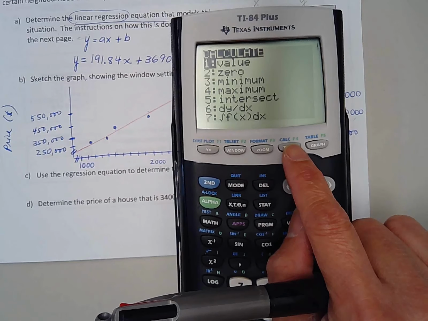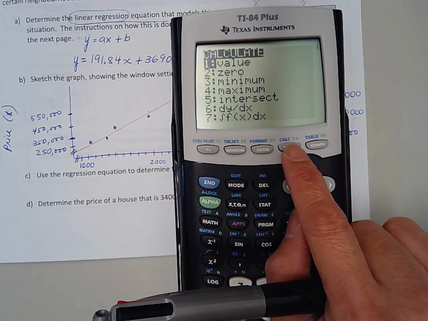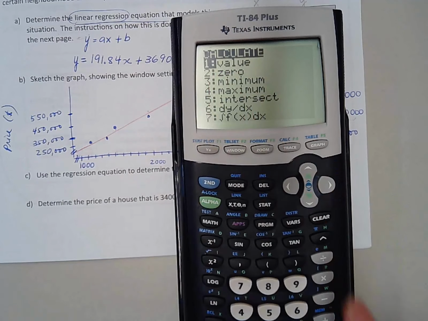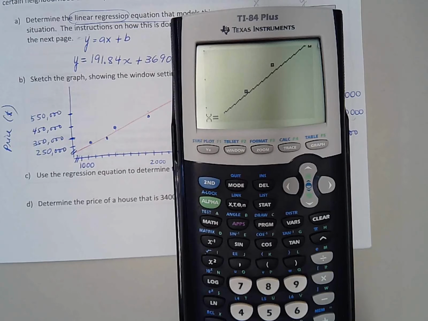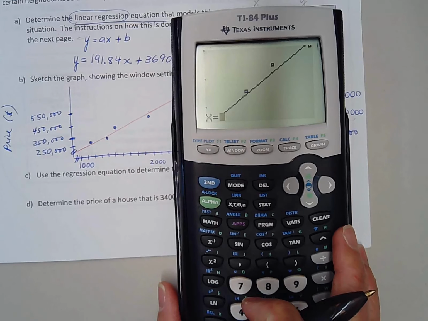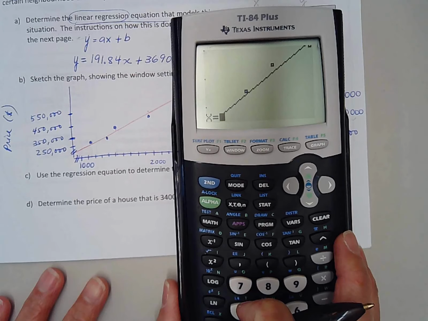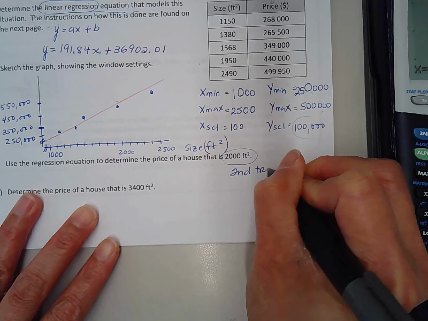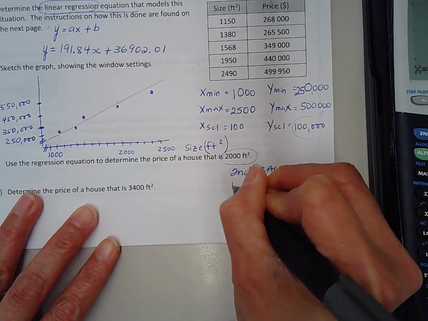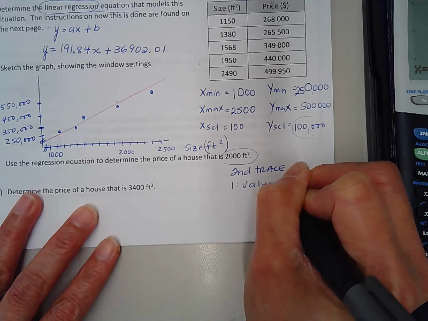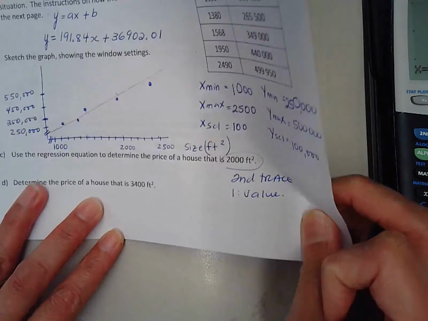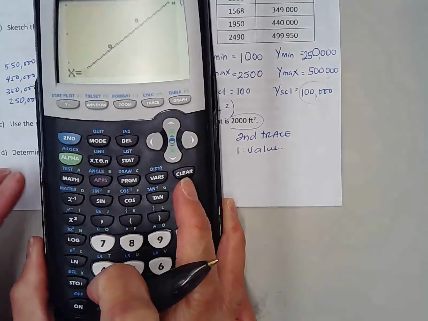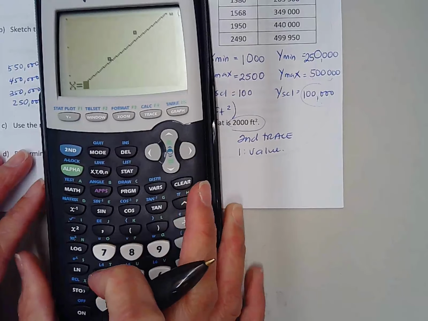Now, is everybody's screen here? Press 1 for value. What happened to your screen?